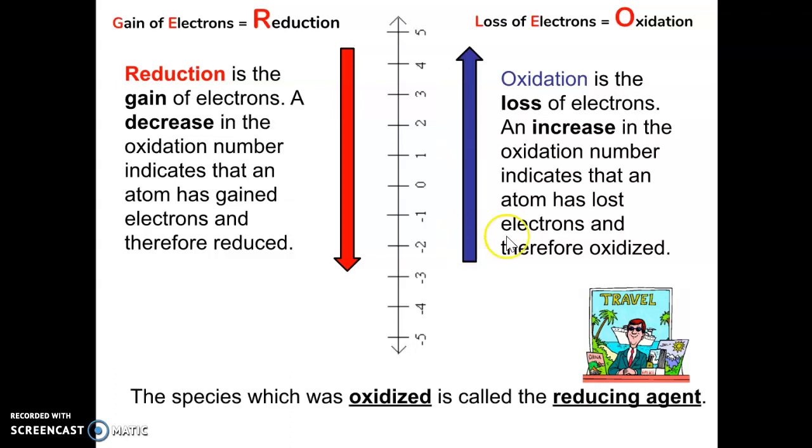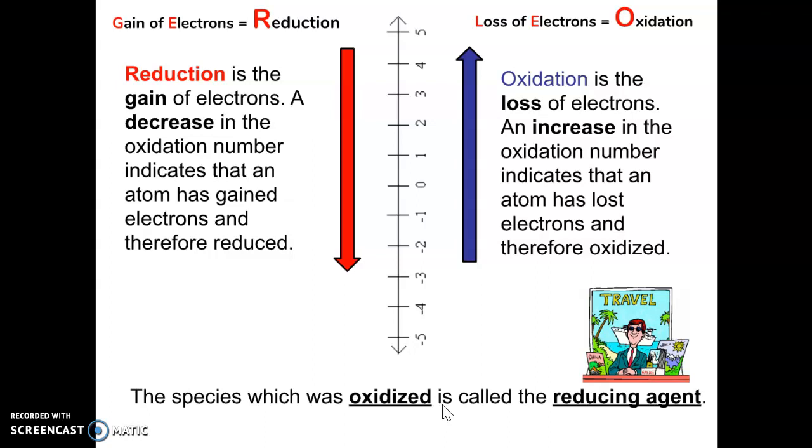Now, this vocabulary gets a little bit more complicated when we talk about the agent of it. So if you have a species which is oxidized, it can also be called the reducing agent. Now, that may seem weird, but let me give you some background to it. So basically, if you are losing electrons, then you are forcing your electrons to be with another element.